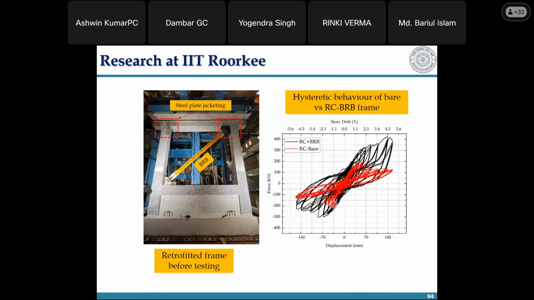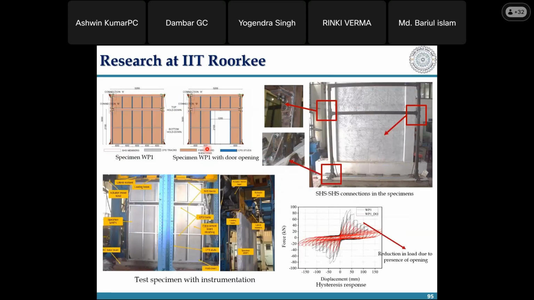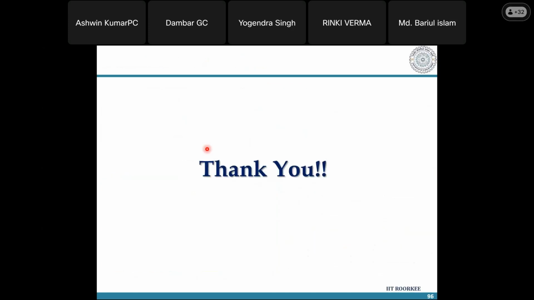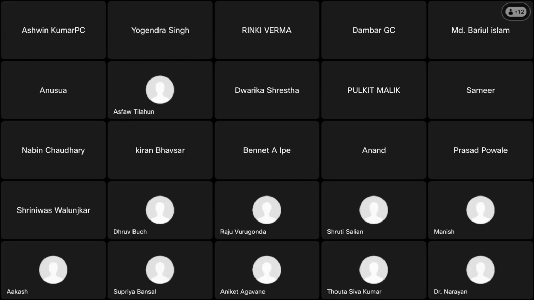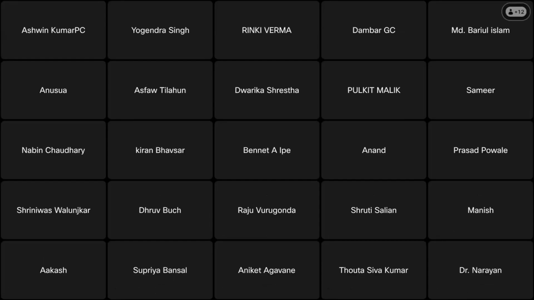We have to do some local retrofitting also. Retrofitting of RCC structures is not so easy because you have to understand what has been provided already, so some local retrofitting might also be required. Some studies are also being done on cold-formed steel. So thank you everyone for the patience.